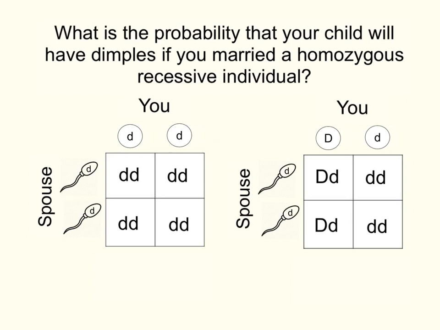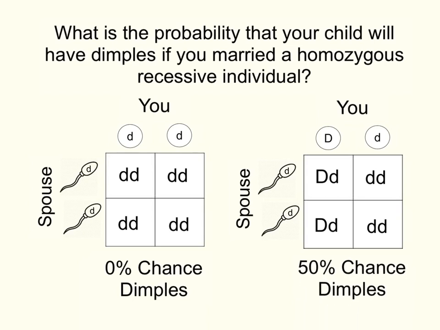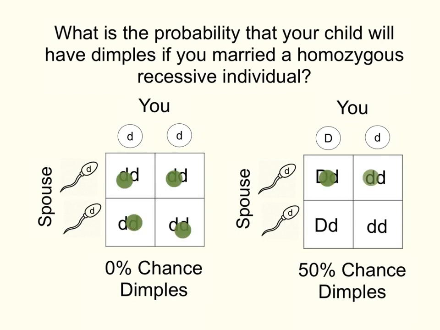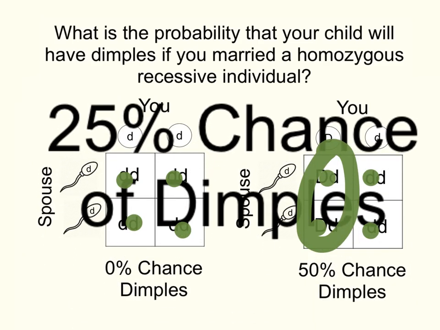So if you are homozygous recessive, there's a 0% chance that you'll have a child with dimples. Whereas if you're heterozygous, there's a 50% chance that your child will have dimples. So to find the complete probability of having a child with dimples, we need to calculate the total number of options, 1, 2, 3, 4, 5, 6, 7, 8, and we see that 2 of those 8 have dimples. Or in other words, there's a 25% chance of having dimples.